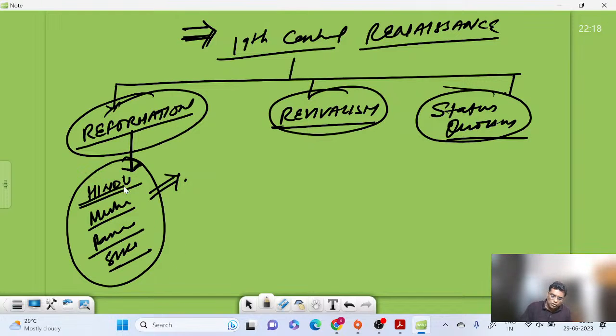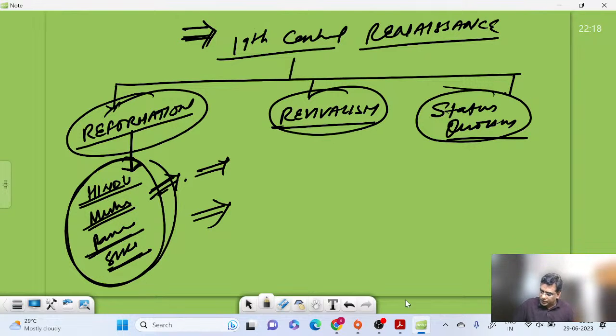Although it was social reform, this is the limitation, that despite all these efforts, the evils continued. But at the same time, the kind of awareness it had generated led to the rise of various types of nationalism, and also the rise of various types of communalism.